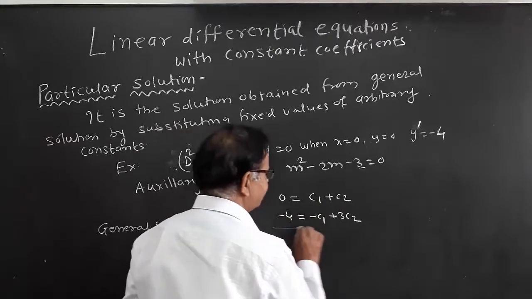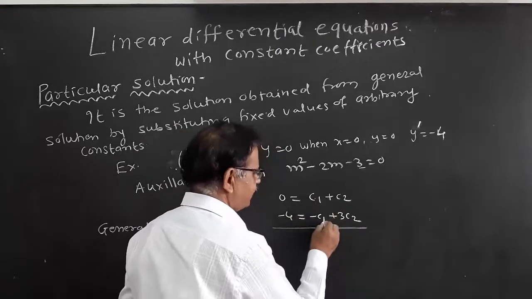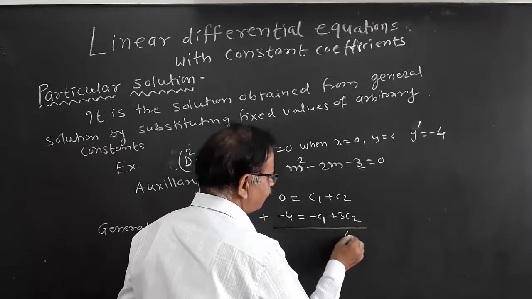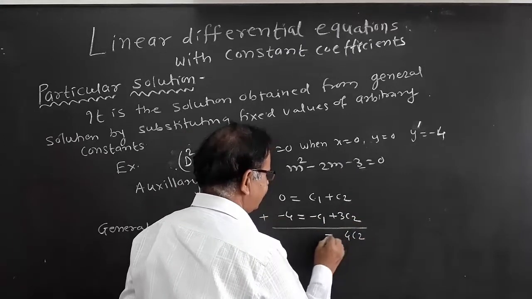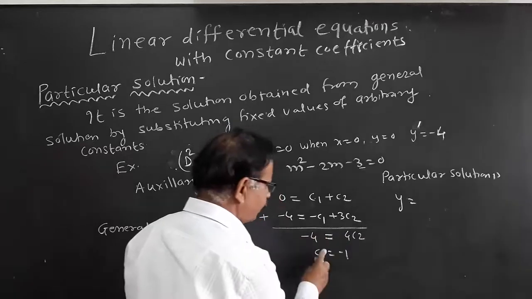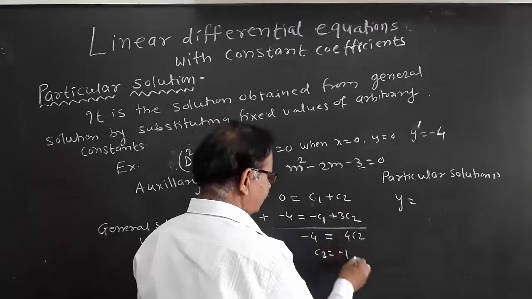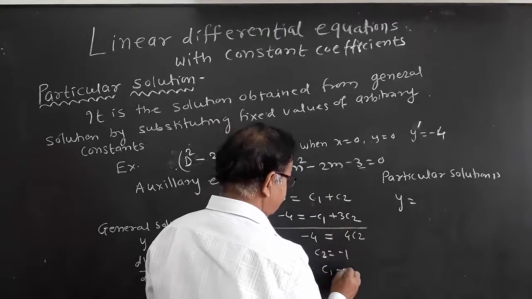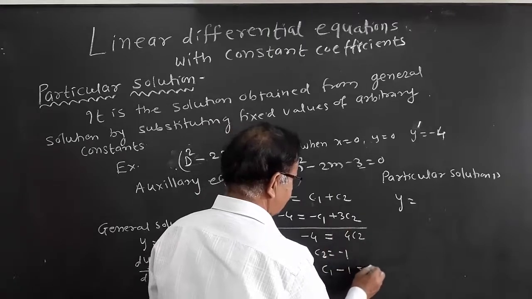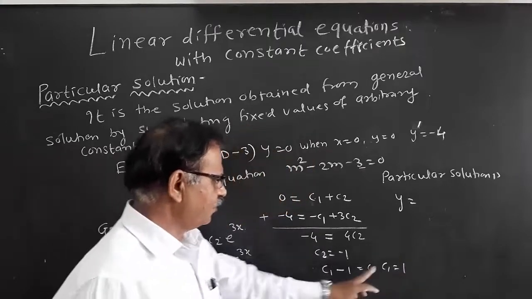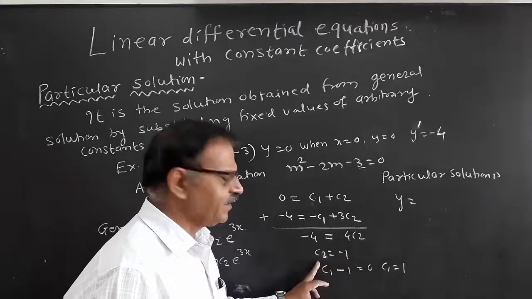We add: minus c1 plus c1 is 0, c2 plus 3c2 is 4c2, and this is equal to minus 4. From this I get c2 equal to minus 1. If I put c2 equal to minus 1 in equation 1, c1 minus 1 equal to 0, therefore c1 equal to 1. Thus I get c1 equal to 1 and c2 equal to minus 1.